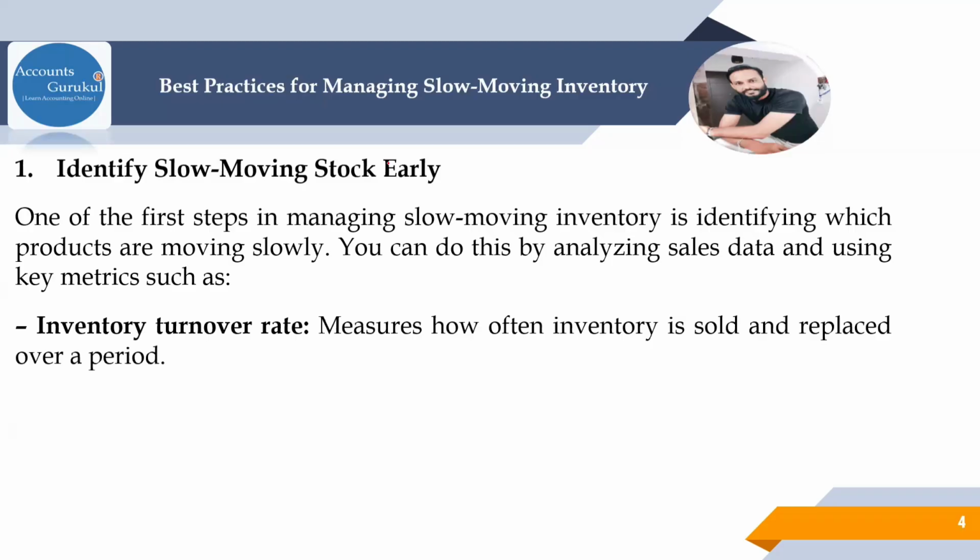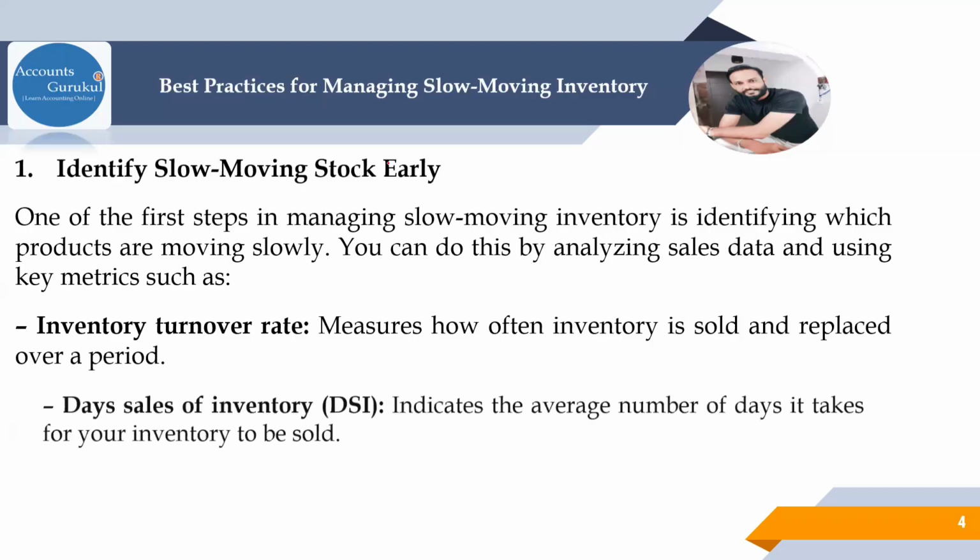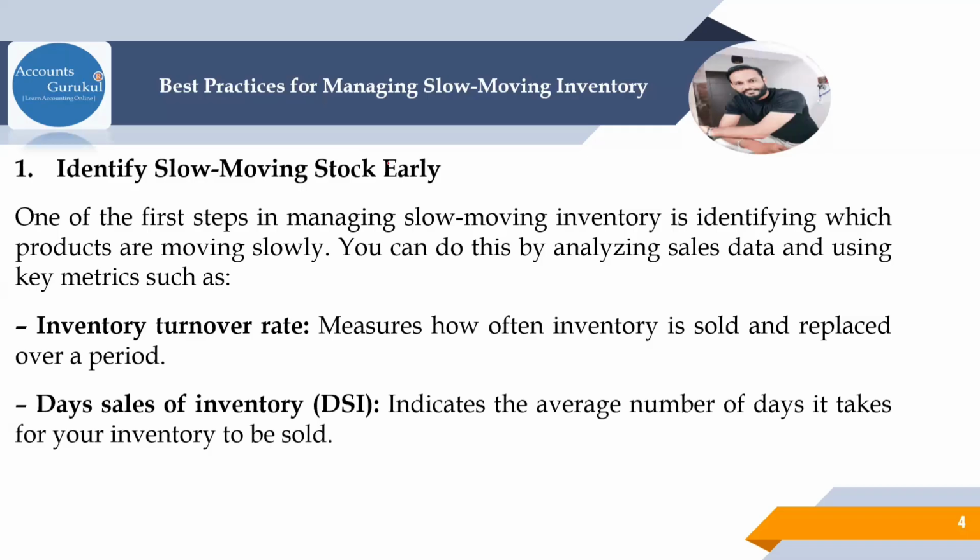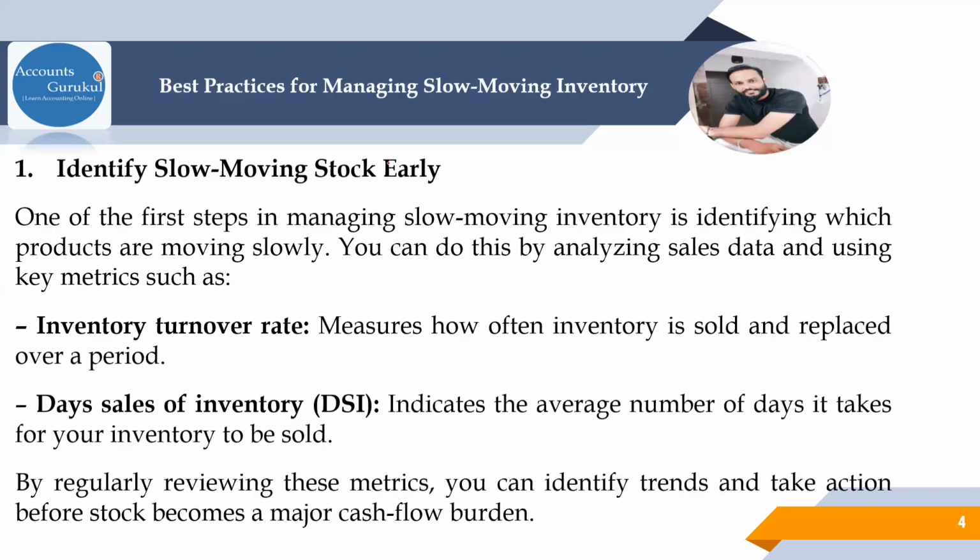Inventory turnover rate measures how often inventory is sold and replaced over a period. That's also important. Days sales of inventory, that's DSI, indicates the average number of days it takes for your inventory to be sold. That sort of analysis you have to do to know the slow moving stock.